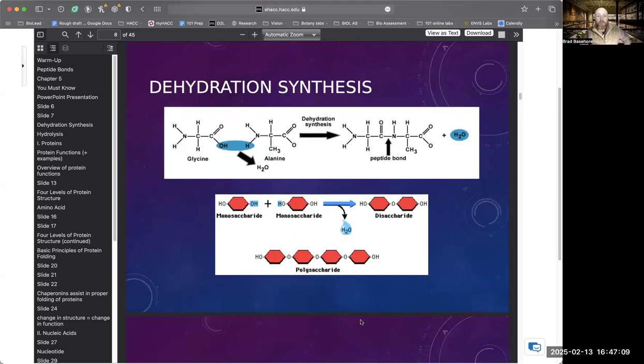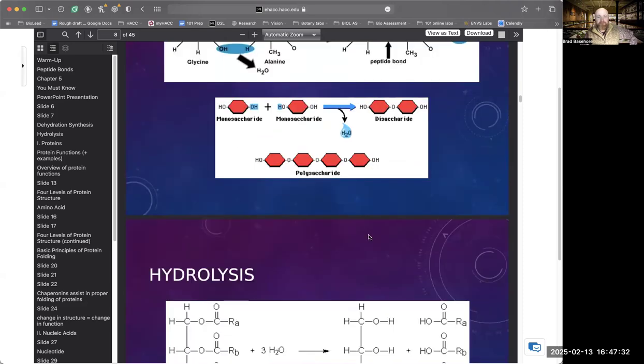And more examples of that. Here we see two amino acids joining together. That's the OH and the H, that's where they come from. And down below here, these are all types of sugars. Again, an OH and an H are being removed, forming a water, making two sugars join together.